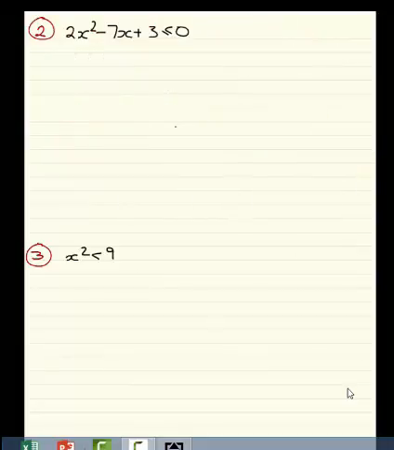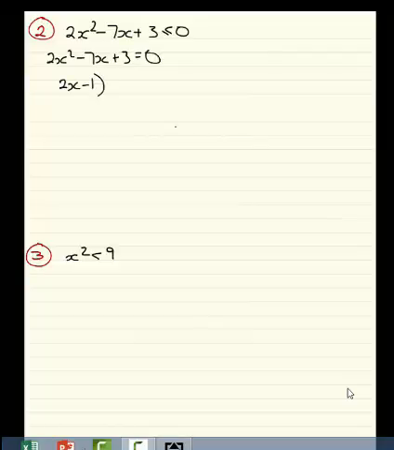So looking at another inequation: 2x squared minus 7x plus 3 is less than or equal to 0. Again, solve the equation. So 2x squared minus 7x plus 3 is equal to 0. When I factorise that, I get 2x minus 1, x minus 3 is equal to 0.